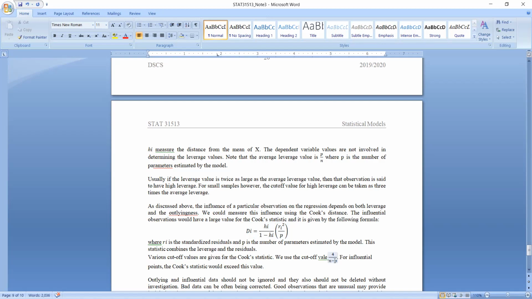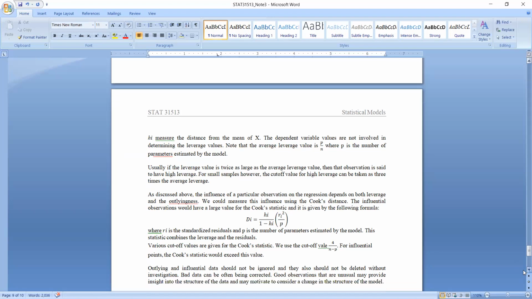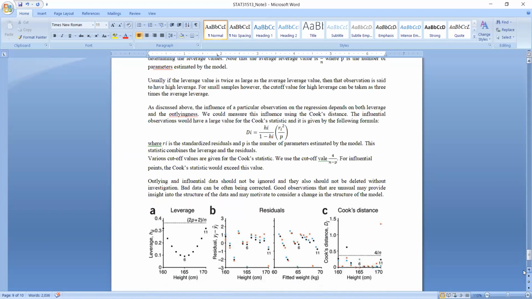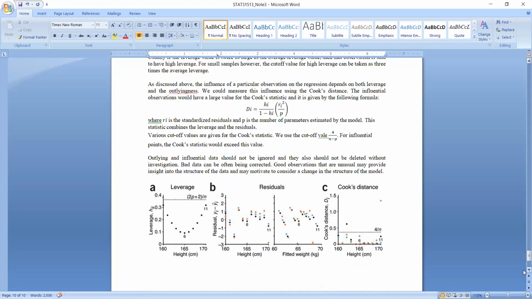We calculate this Cook statistic for each and every observation, and check which observations exceed the cutoff point. We can say they are the influential data points when we fit the regression line. From that we can identify the outliers.